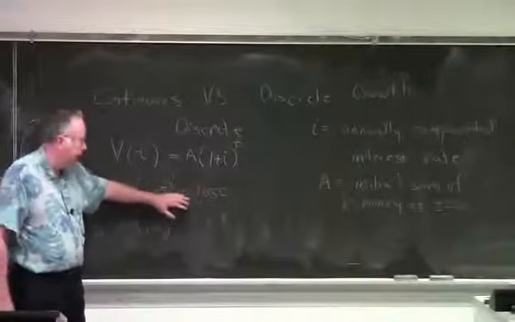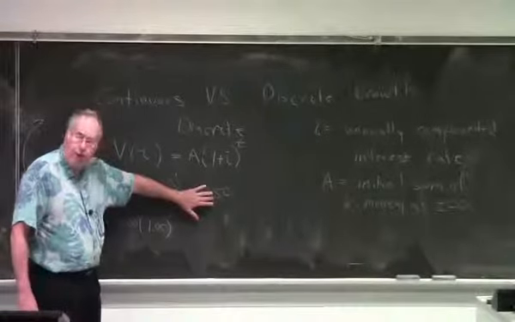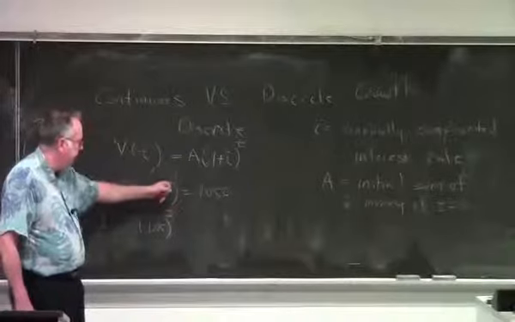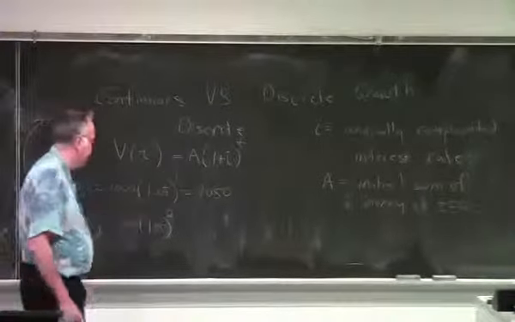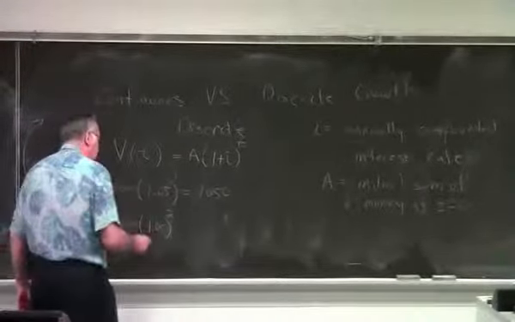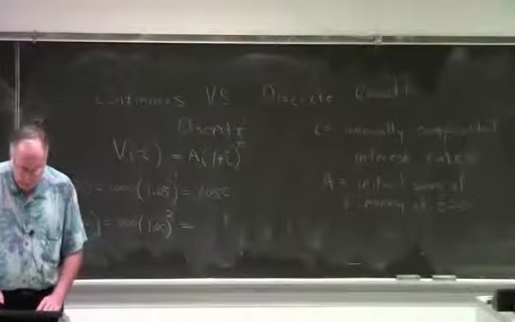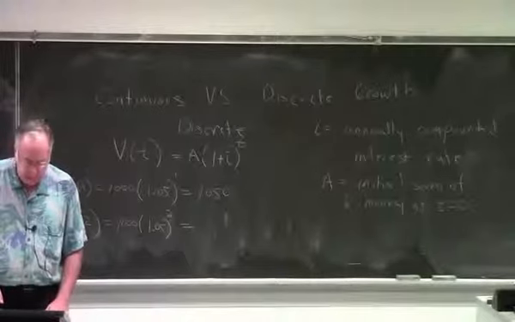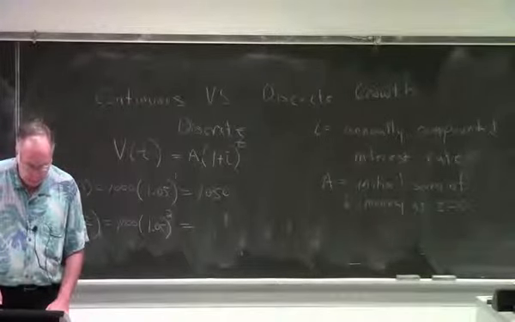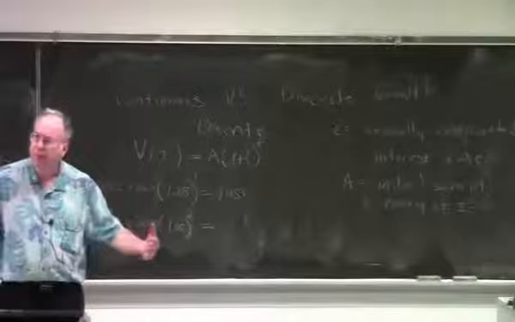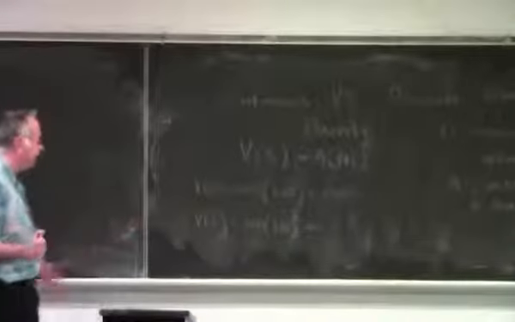So if you just multiply this by another 1.05, that's the same thing as squaring this. Okay? So it's 1,000 times 1.05 squared. So at the end of 2 years, this will be worth, oh gosh, I didn't even calculate it.